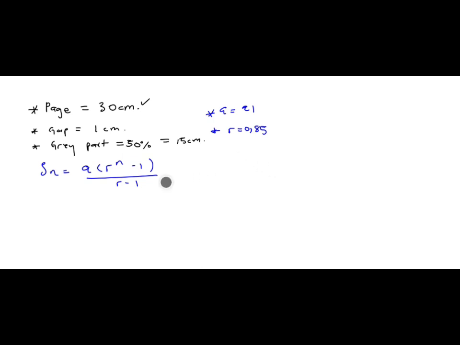So this becomes pretty easy because all you do now is substitute. So the 15 here becomes our n, because that's the number of rectangles that we have.